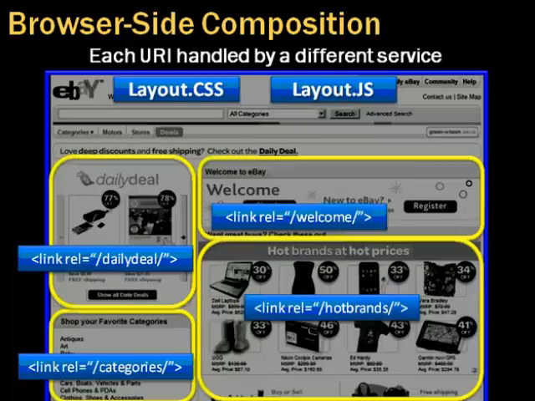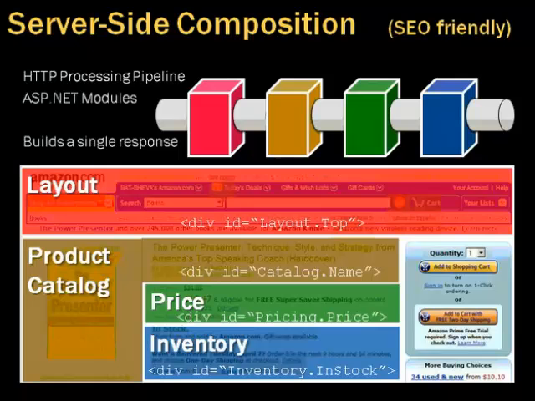So Amazon does server-side composition. If we look at an Amazon product page, there is product catalog stuff, in other words, the name of the book, the image of the book, whether it is hardcover or not, which is one service.